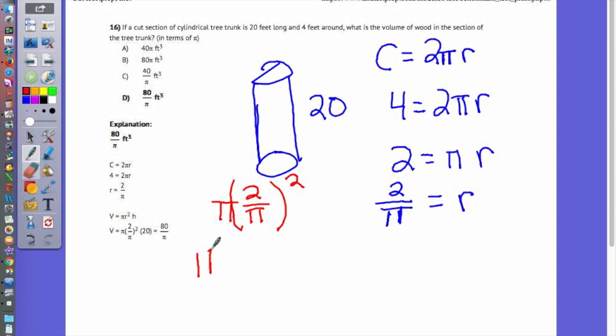I have the original pi in the front. 2 squared is 4, and pi squared is pi to the second power. I'm multiplying pi by this, which I can think of as pi over 1, because a whole number can be written as a fraction over 1. So now when I multiply, 4 times pi is 4 pi over pi squared.